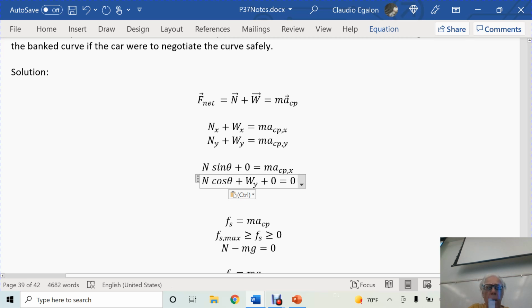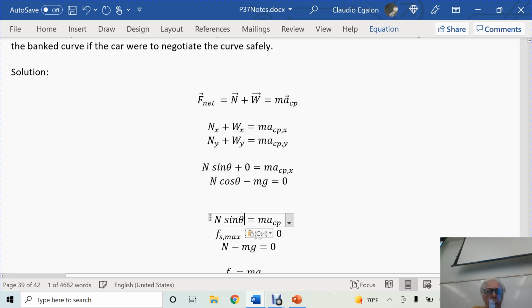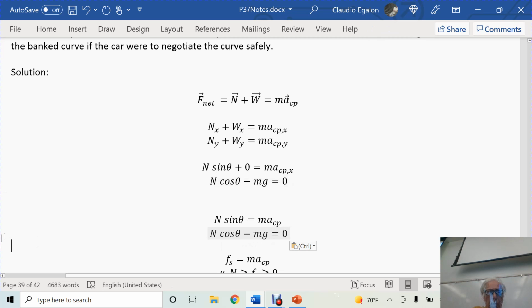And here we are going to have minus mg, equals 0. We find from the second equation what the N is. There is no force of friction, right? So we have this here, and N cosine of theta is mg.